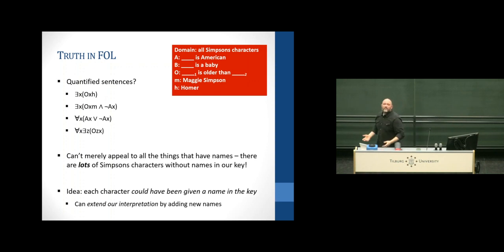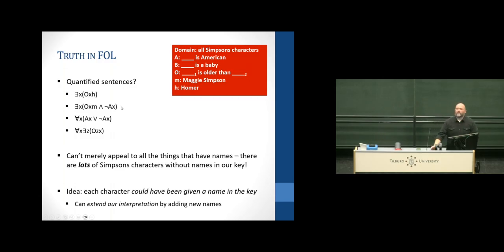Grandpa Simpson, Mr. Burns, the old mole man. Actually, there's an episode that has Mr. Burns where he's old when the dinosaurs were around. So I think he's probably the oldest character, but this is really hard to tell, right? But anyway, there's plenty of things that are older than Homer. So our first sentence, is it going to be true or false? Our first sentence is true. There's something in the domain, at least one thing, that's older than Homer.